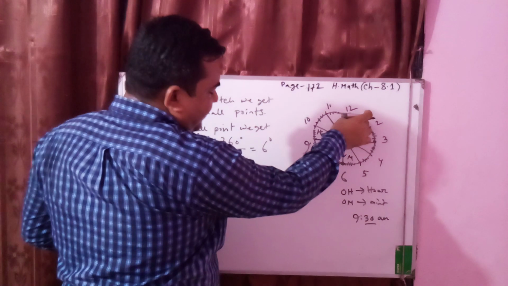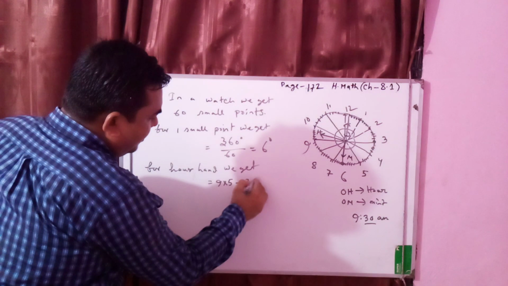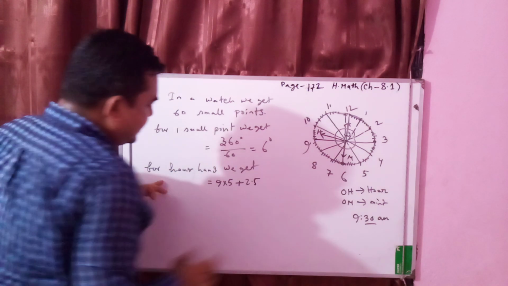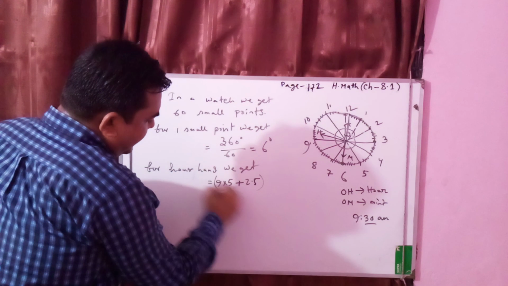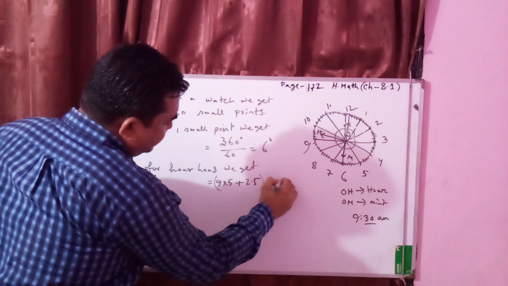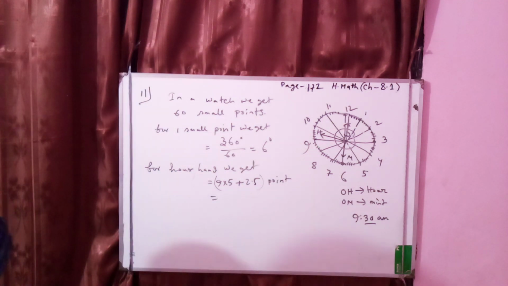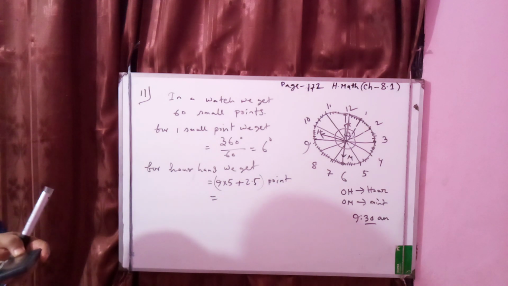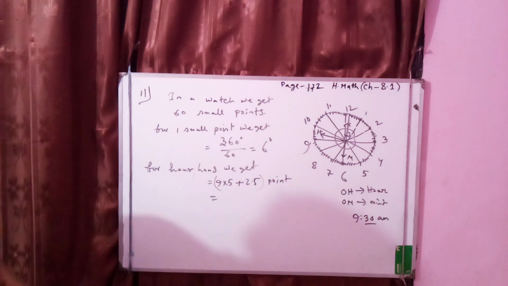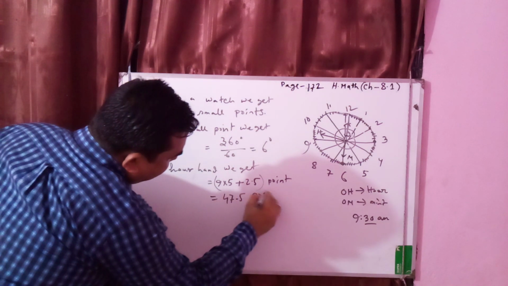For 1 hour we get 5 points, so for 30 minutes, half an hour, we get 2.5 points. So for the hour hand we get 9 multiplied by 5 plus 2.5, that is 45 plus 2.5, 47.5 points.